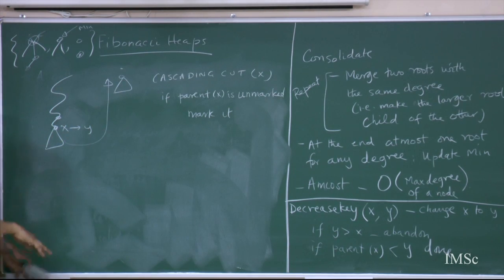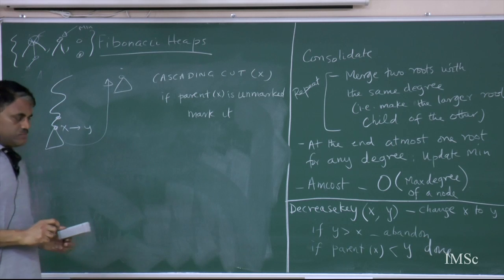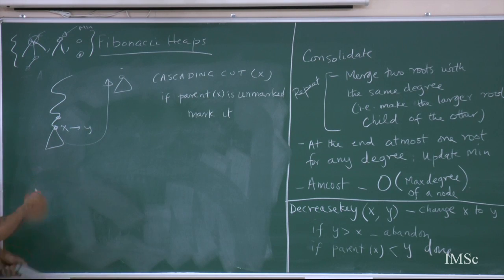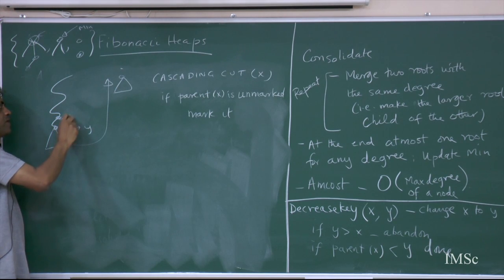Initially everybody is unmarked. So my parent is unmarked means that I am the first child being lost. That's fine. I mark my parent saying, okay, I've lost a child.